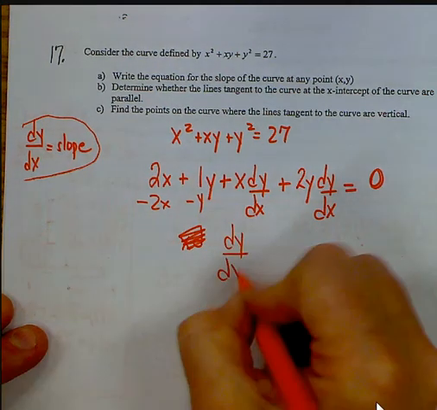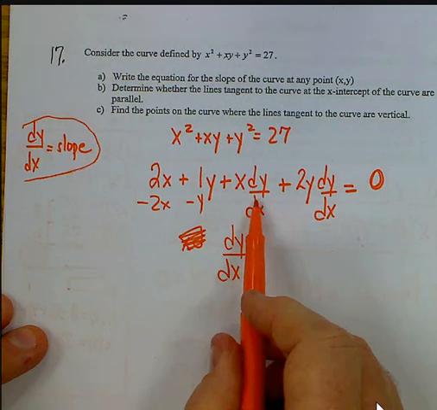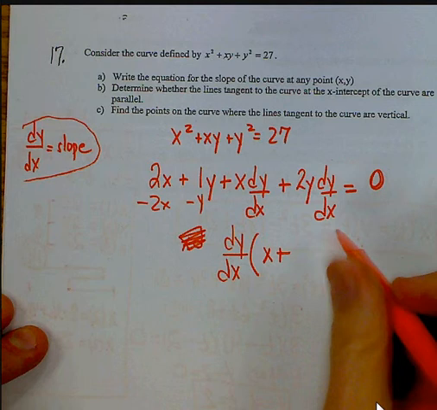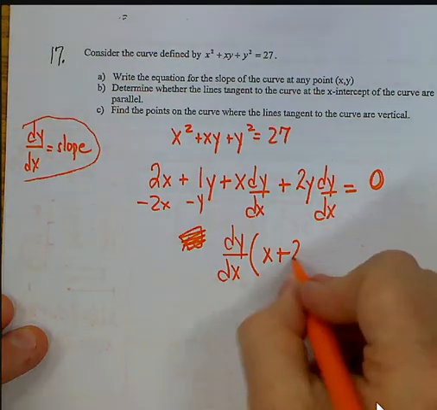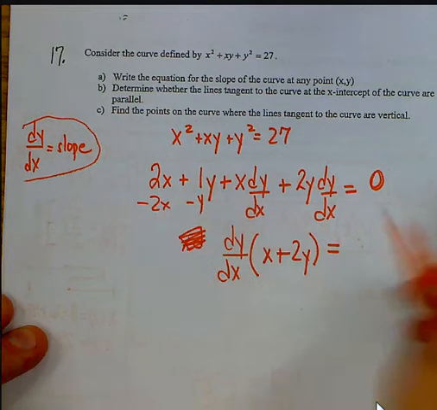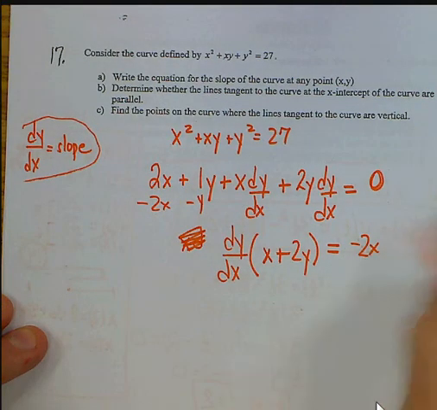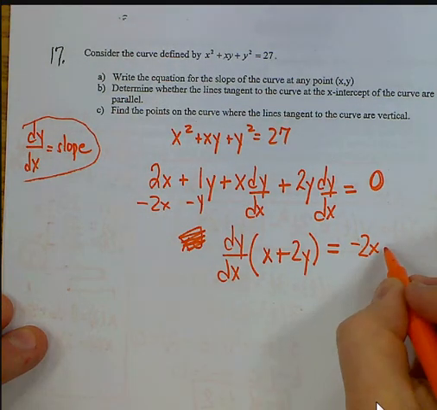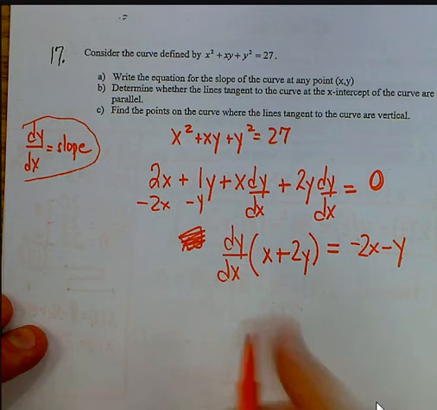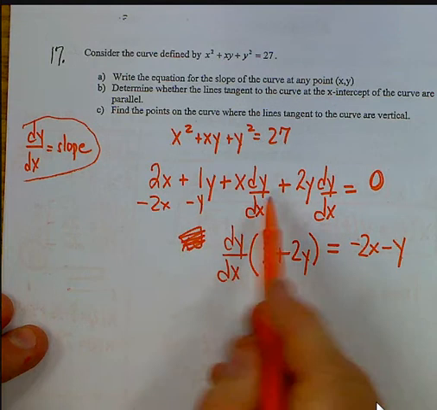So there's my dy/dx times what was multiplying it here, x, plus what was multiplying it here, 2y. And then I moved to the other side that 2x, and it became a negative 2x, and the 1y became a negative y. So you can do that all in one step if you want, because that's the goal, is to isolate and then factor it out.